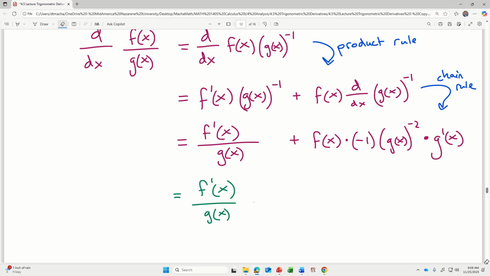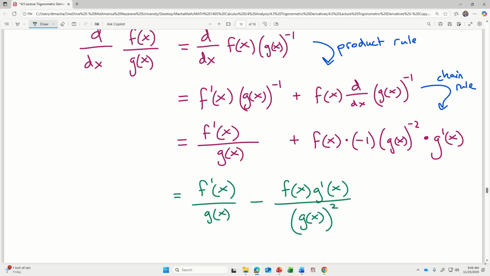If I'm multiplying by a negative 1, I might as well say minus. f of x times g prime of x divided by g of x squared. Because a negative 2 power means I can put that in the denominator, because multiplying by a reciprocal is the same thing as dividing. Dividing is the same thing as multiplying by the reciprocal.